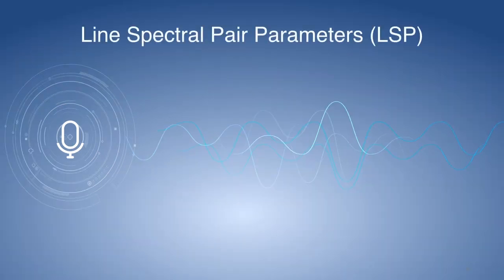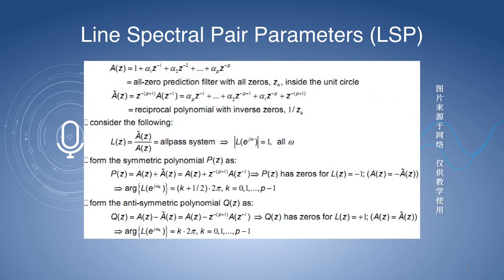Line spectral pair (LSP) is also a derived parameter set of the linear prediction coefficients. LSP parameters have very good quantization characteristics and interpolation characteristics. So, they have been widely used in speech coding research.